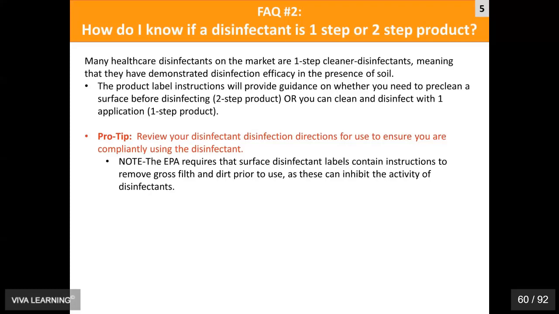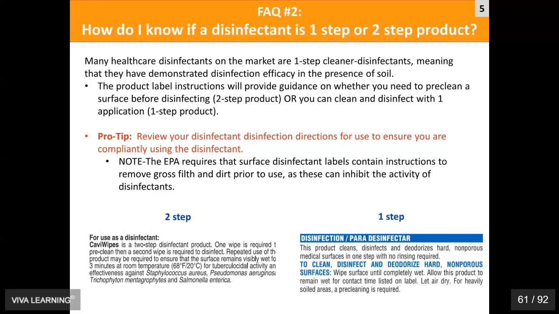Now, if I see visible contamination, we would wipe it with VersaSure to clean it, then wipe it again to let the disinfection time start. A two-step disinfectant will specifically say you have to wipe it once to clean, a second time to disinfect.